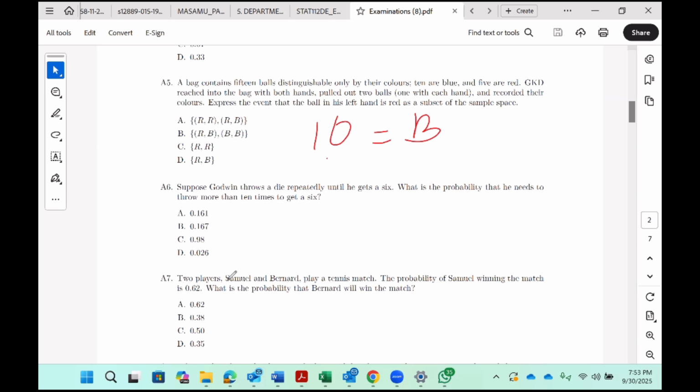It's possible that the first one... express the event that the ball in his left hand is red as a subset of the sample space. So let's assume this is your right hand and this is the left hand. So the right one can be what? Red, and the left will also be red. So you can have red, red. Or you can have what? Blue, red.